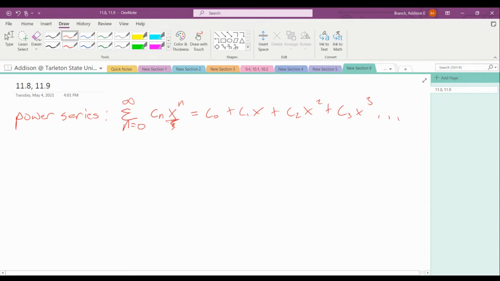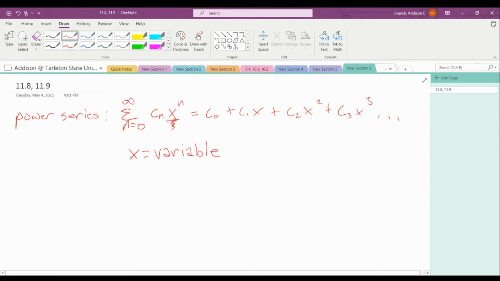Whenever we have these power series, we can see how we have a bunch of different pieces in here. We refer to x as our variable. So we don't know what x is for sure in any given instance. That's something we have to figure out.